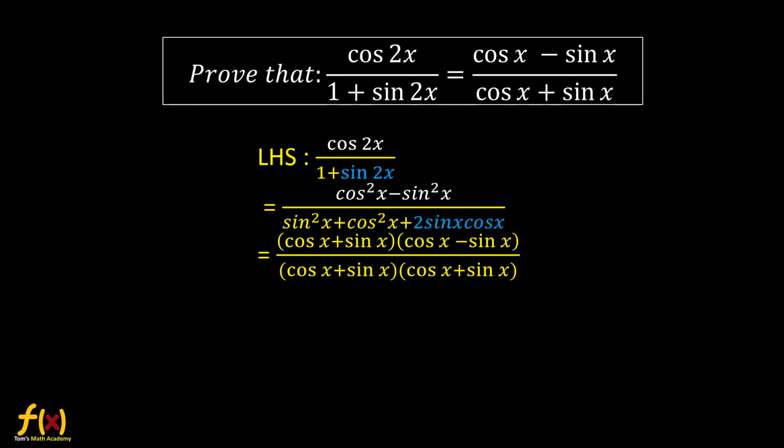Even if we do 100 questions, there will be another new question where we have to use our own brain, how to substitute or how to replace those steps with the identities. So we cancel the numerator and the denominator. We have common factors cos x plus sin x. Then we simplify to cos x minus sin x over cos x plus sin x, that is our right hand side.